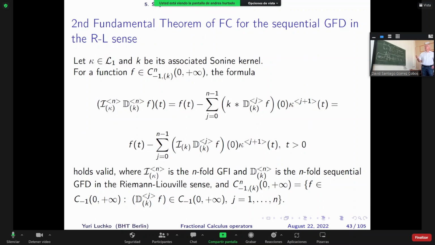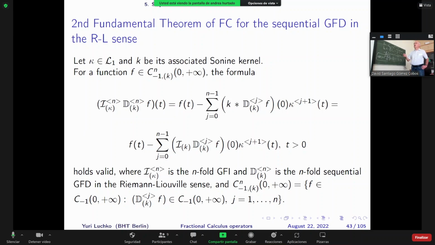You see here that we have a very special, interesting object: the convolution of the kernel K with the J-fold sequential fractional derivative.